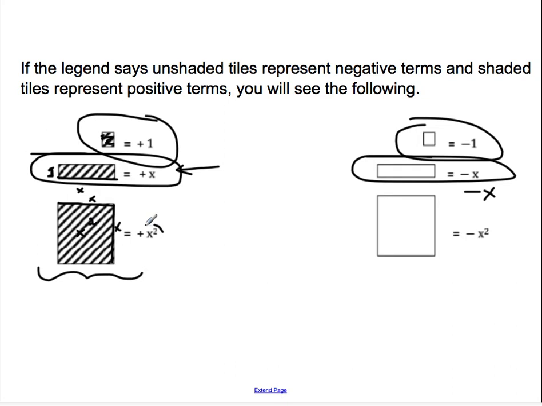So actually these are the areas of these tiles. This has a dimension of 1 by 1, so that is why this area is positive 1. This has an area of 1, because if I take this tile and put it along here, it would be the same. And since I don't know what that one is, I'm going to call it x. And 1 times x is x. So that's kind of the background about what algebra tiles are.